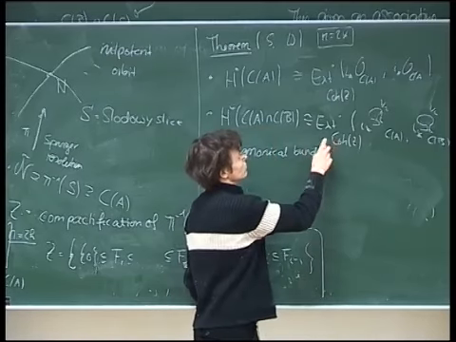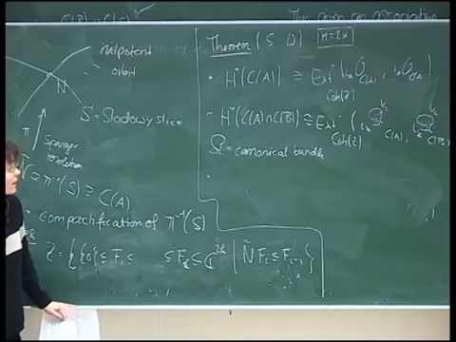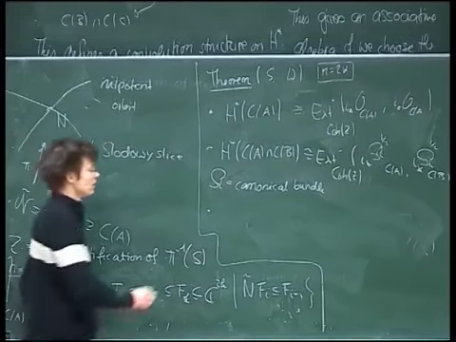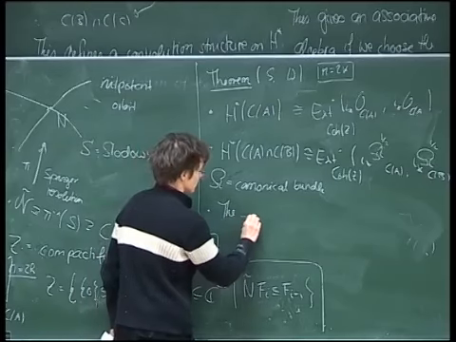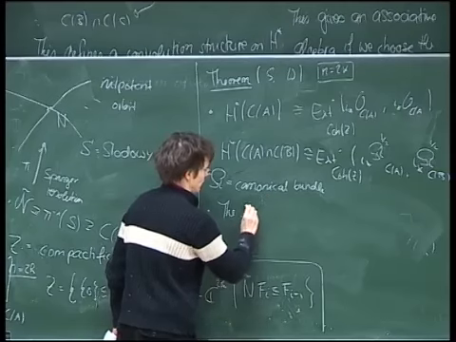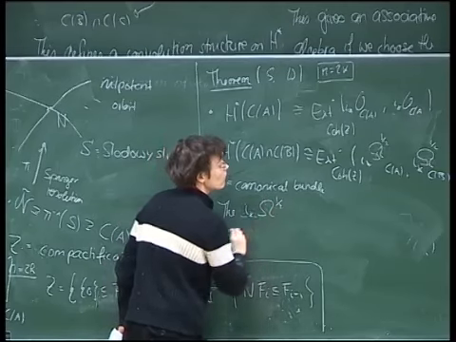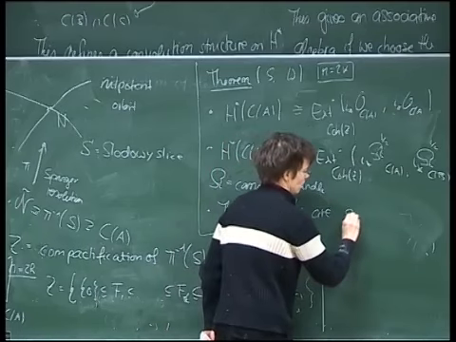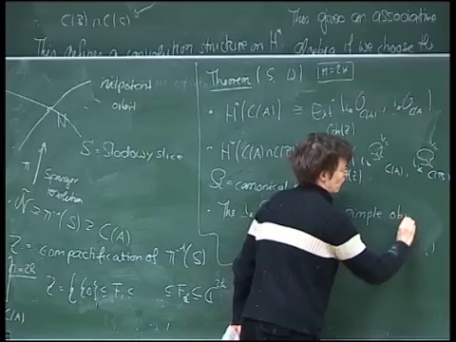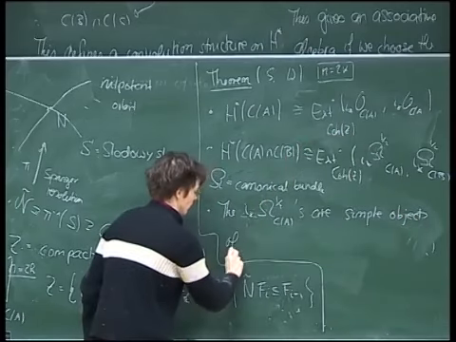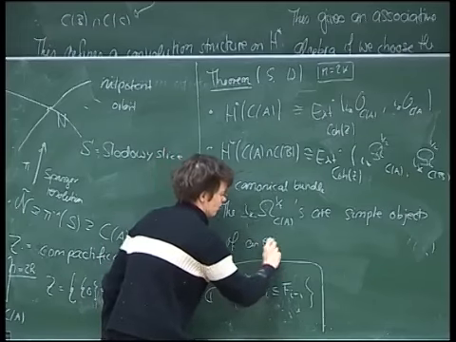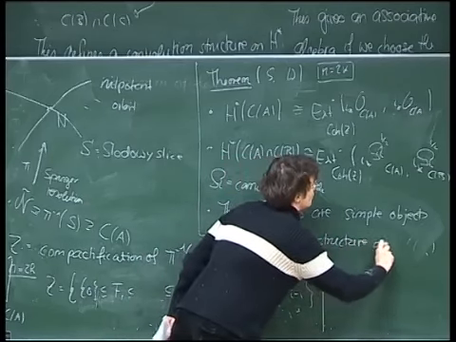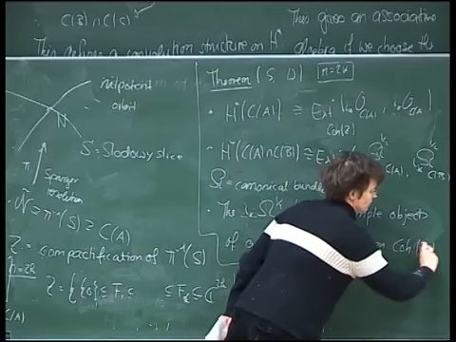So I don't have to go to the derived category to describe them, but what they are is they are simple objects of an exotic t-structure on coherent sheaves on Z. So the omega half C_A are simple objects of an exotic t-structure on coherent sheaves on Z.